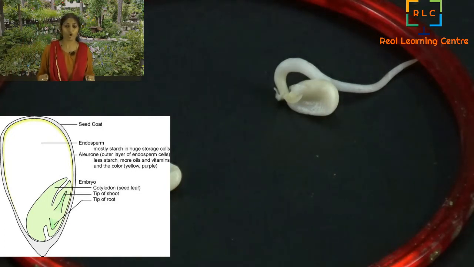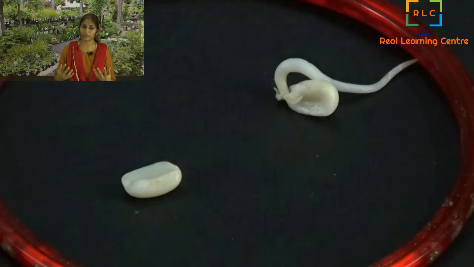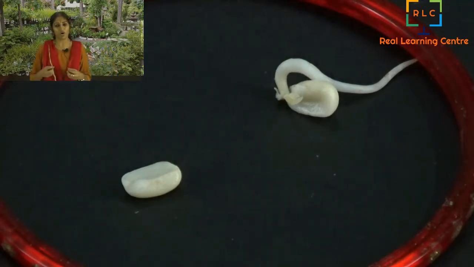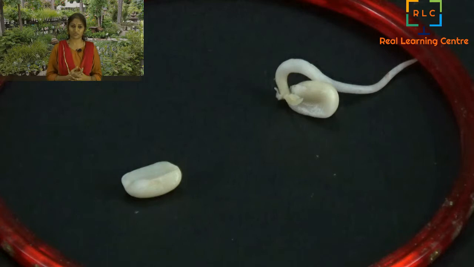It is rich in oil content, or some of them will store starch, and all this nutrition, whether proteins, oil or carbohydrates, is used up by the growing embryo, which eats all this food and becomes mature and ripened. So, the seed is ripened now.